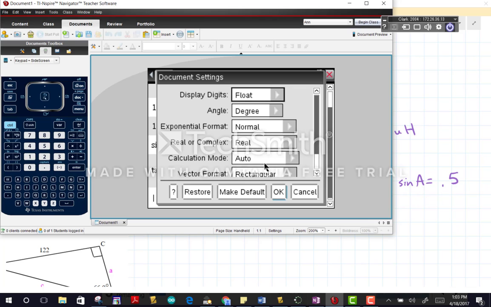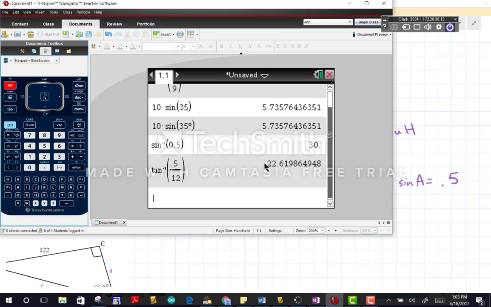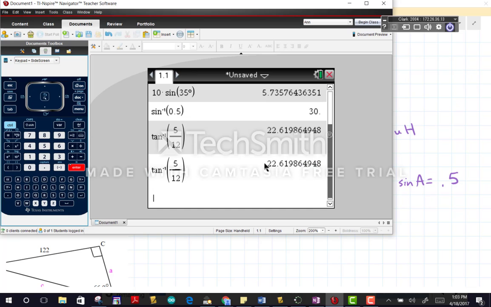There's your problem. Okay, so you have to set it to degrees. Okay, if you go back to this page and you arrow up twice, you can grab that and press enter, and it'll give you a different answer now that you've changed your settings. Arrow buttons. Arrows to go up and then enter to grab it.